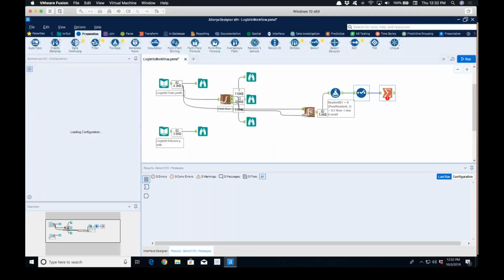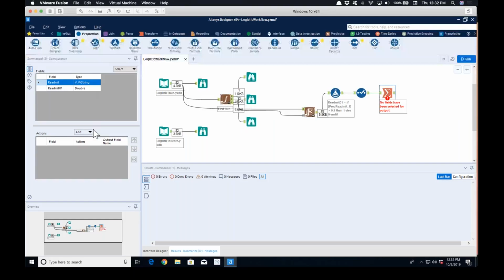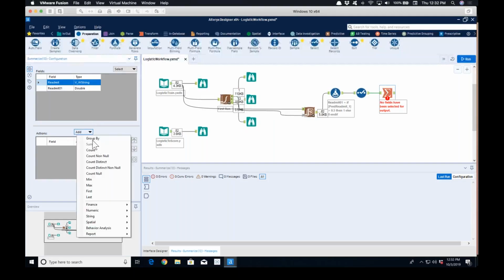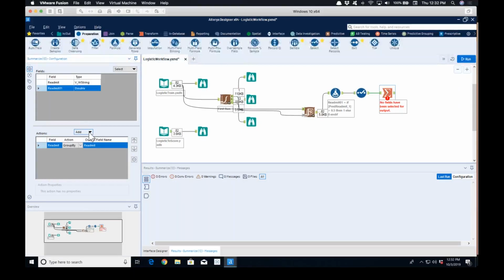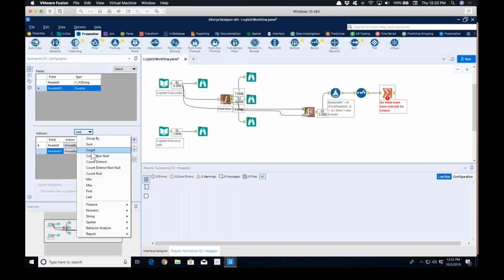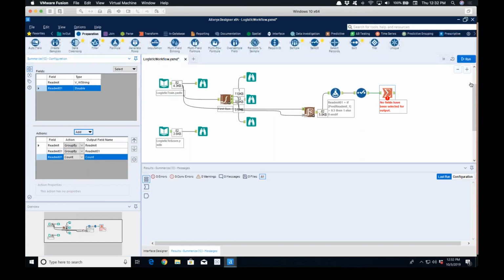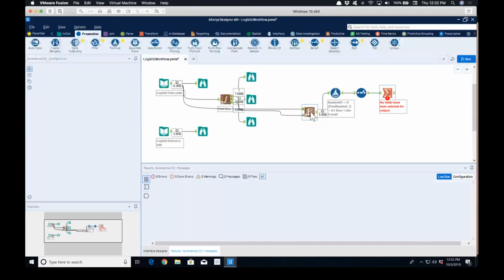Then in the summarize tool, we're going to group by readmit, and also group by readmit 01, and then just do a count of that. And just in case we need it, I'm going to go ahead and cache this from that point forward, in case we want to play with it some more.